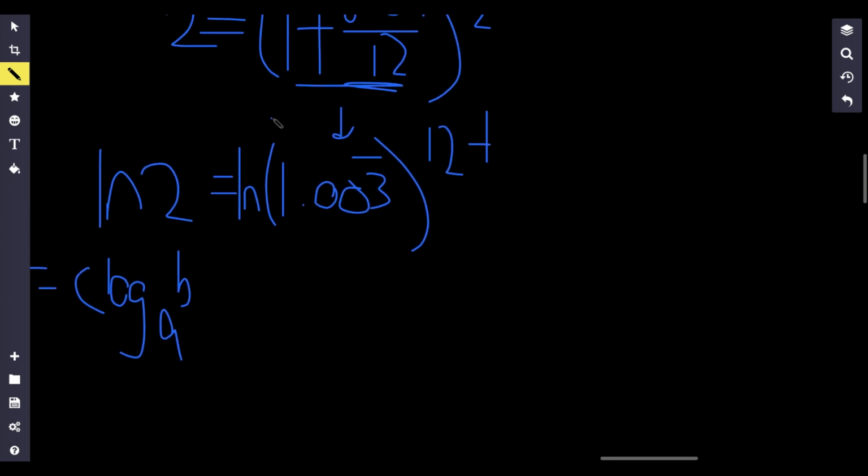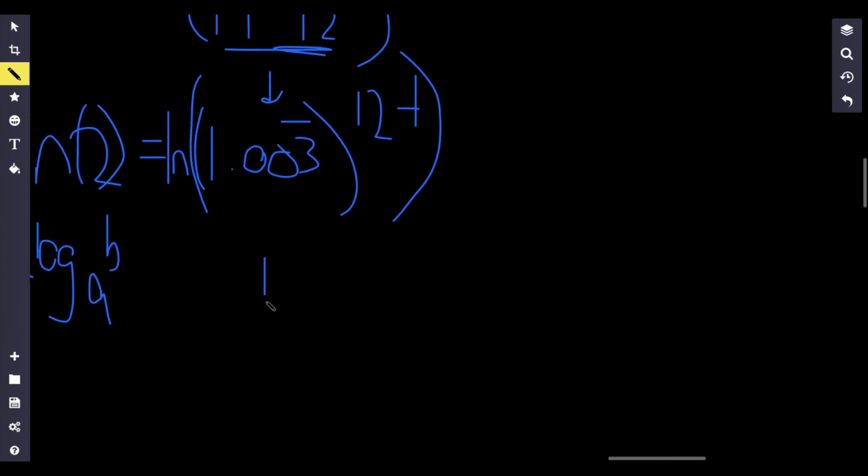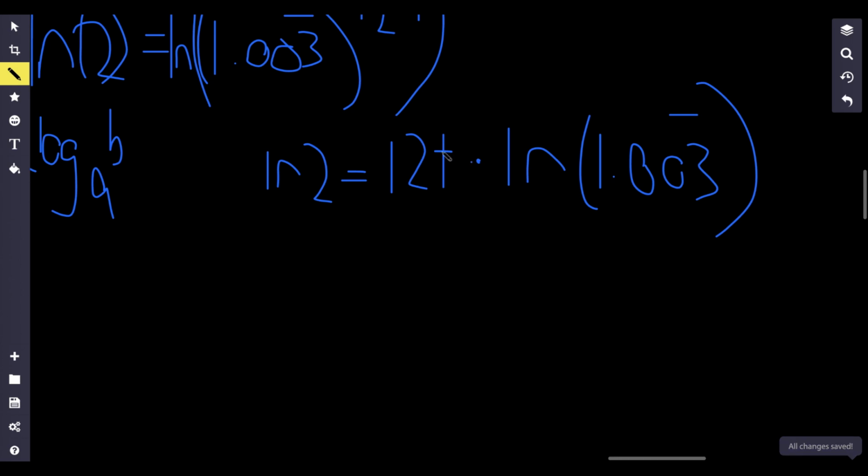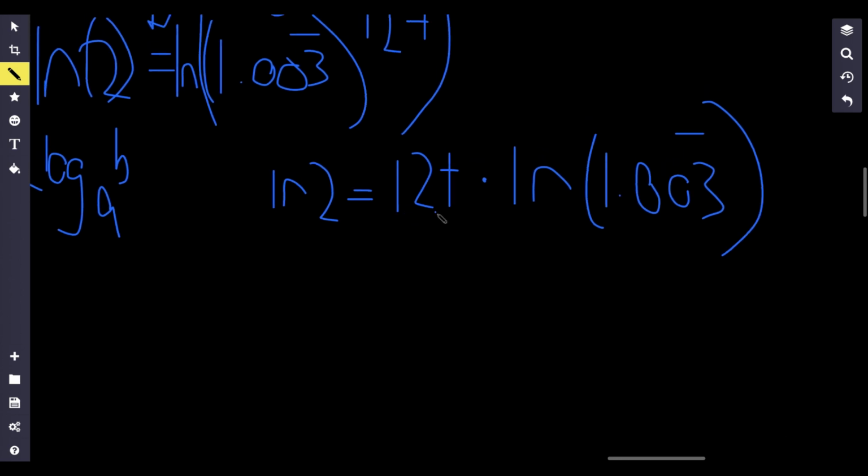So in this case, if we take ln of both sides, ln of this side, ln of this side, we get ln of 2 is equal to 12t, we just bring our exponent down, multiplied by ln of 1.003 repeating. Now, how do we isolate t?